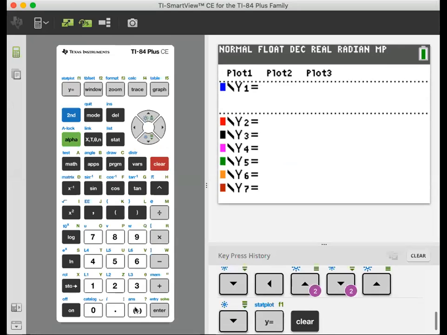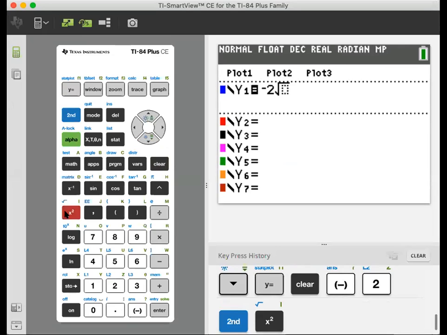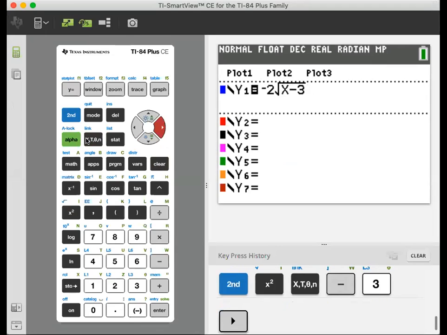It's going to be -2 and then square root, so second x squared, and it's going to be x minus 3 on the inside. Now to get to the outside of it, you do have to press the right arrow once. You'll notice because it won't actually continue writing anything. Like if I keep going, it won't bring that square root over. If the square root keeps getting drawn over it, that means you didn't arrow out of the square root. So just press to the right once, and then you should really be good to go.